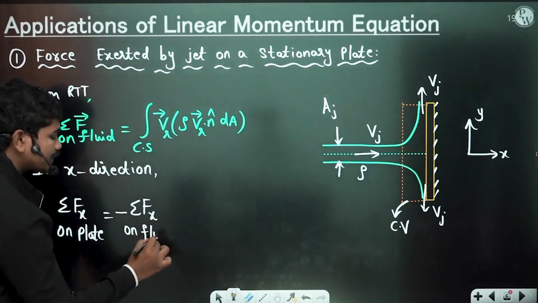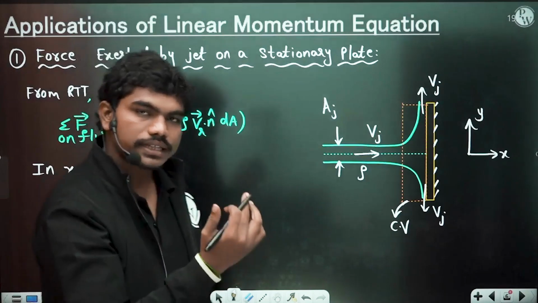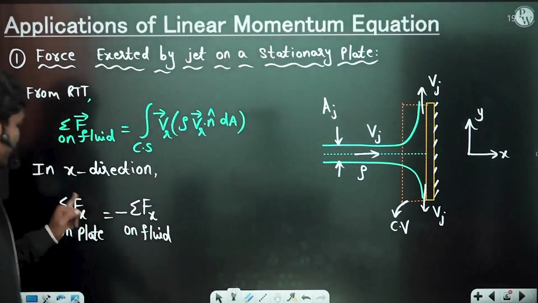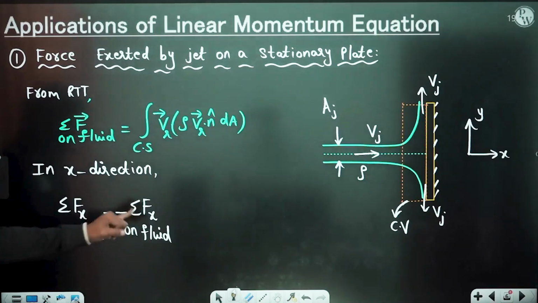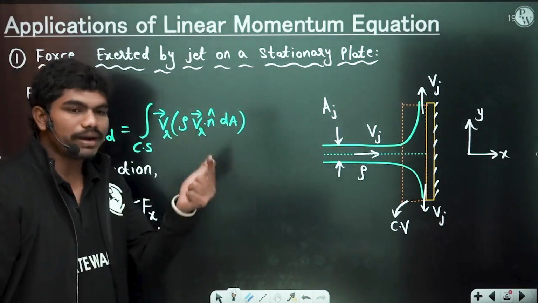Yes or no? Because as per Newton's third law, if the fluid is exerting a force on the plate, the plate also exerts the same force on the fluid. So Fx on plate is equal to minus sigma Fx on fluid, and this is nothing but the net momentum that is changing.